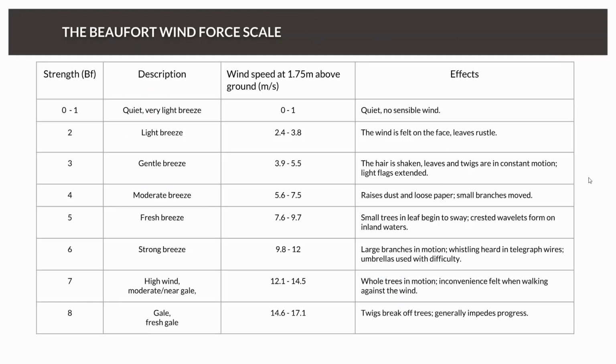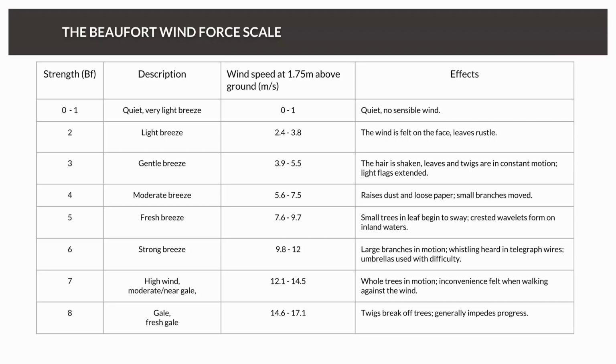What is used to characterize wind forces is the so-called Beaufort scale. It categorizes winds or breezes based on the wind speed at 1.7 meters above the ground. The fact that we are measuring the wind speed 1.7 meters above the ground is quite important, and we will talk about this later.